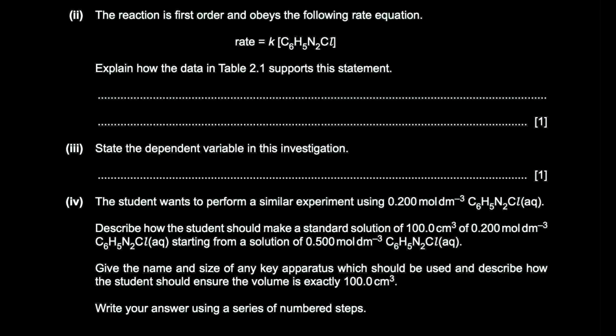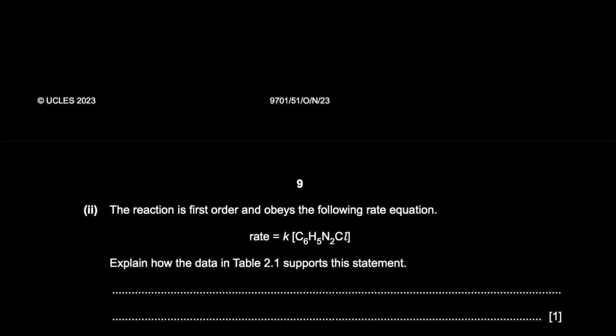The reaction is first order and obeys the following rate equation. It's first order with respect to the concentration of diazonium chloride. Explain how the data in table 2.1 supports this statement. Since the reaction is order 1 with respect to benzene diazonium chloride, the diazonium salt here, it means that the rate is directly proportional to the concentration.